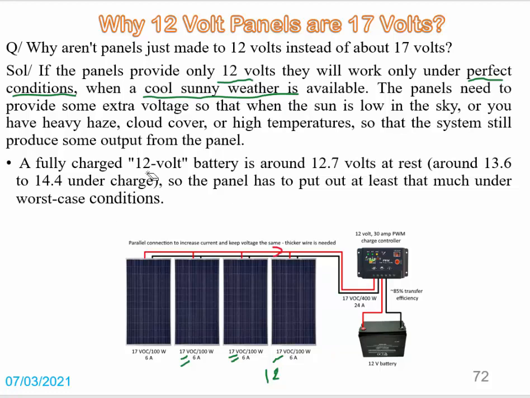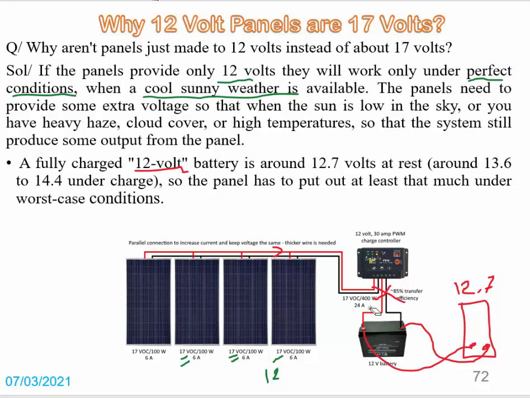A fully charged battery is 12 volt. So when the battery is fully charged and we measure the voltage of this battery, let's say we use a multimeter or voltmeter, so we measure the negative terminal and the positive terminal, we see the voltage is about 12.7 volt. This is on condition that the battery is not charging, so it's fully charged.